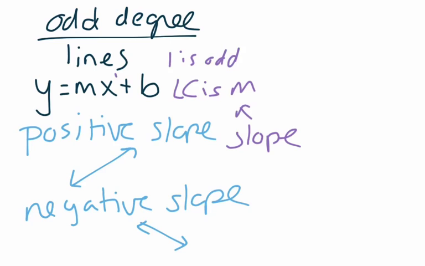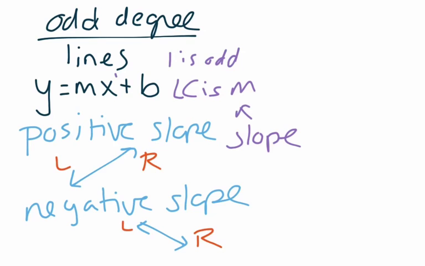If the degree is odd and the leading coefficient is positive, then the left is going to point down and the right points up. If the degree is odd and the leading coefficient is negative, then the left points up and the right points down.